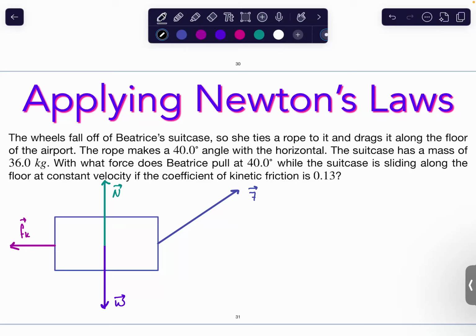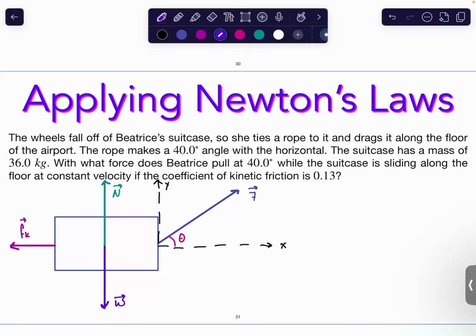Help ourselves out. Know our x and y directions. Know our angle theta.